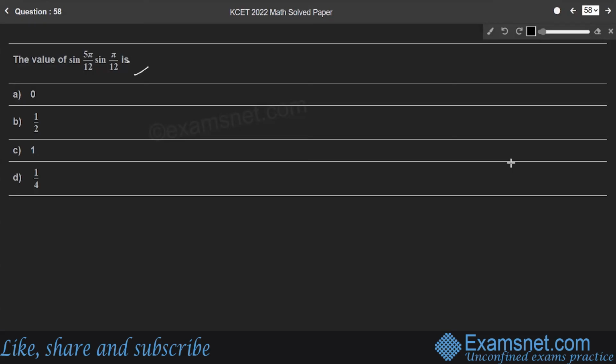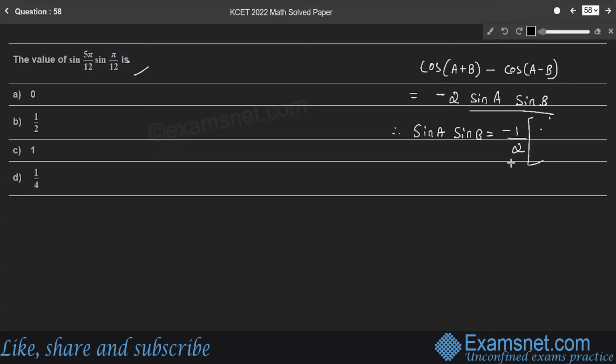So students, to solve this we are using the formula cos(A plus B) minus cos(A minus B) is equal to minus 2 sine A into sine B. Therefore, sine A into sine B is equal to minus 1 by 2 into [cos(A plus B) minus cos(A minus B)]. So use this formula.